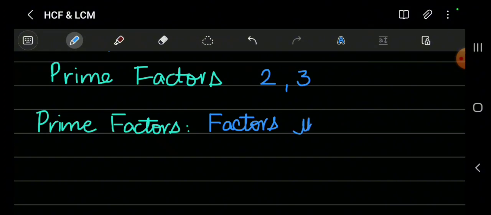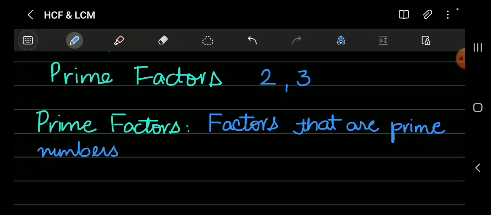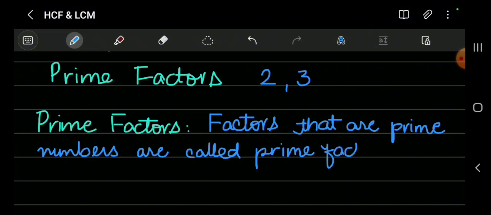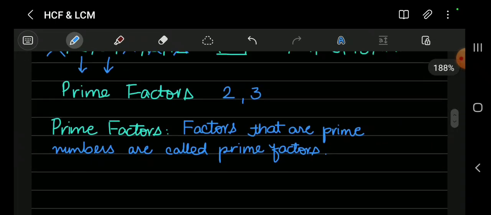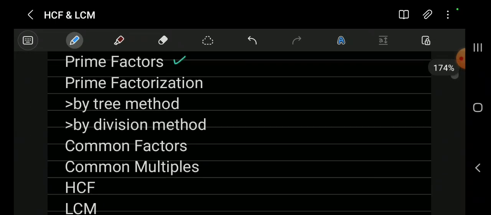Factors that are prime numbers are called prime factors. Okay, so we have discussed what are prime factors.